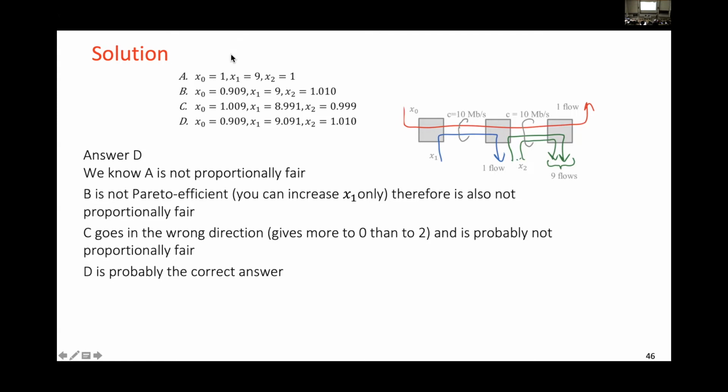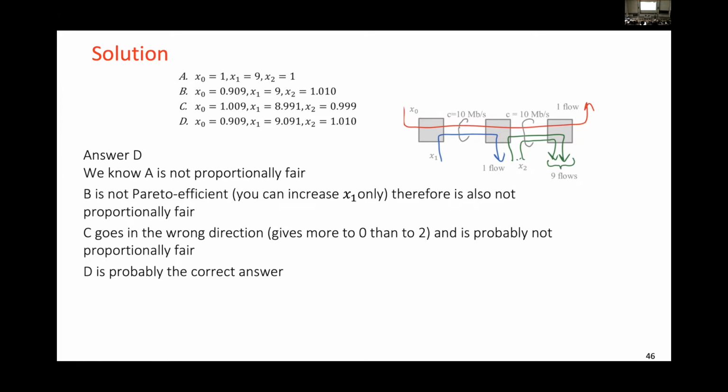Allocation A, we already checked this. We checked it against the definition of proportional fairness. We know that it's not proportionally fair. What about allocation B? Well, allocation B is not even Pareto efficient. It's not maximally efficient. Therefore, it cannot be a proportionally fair allocation. Why is it not Pareto efficient?